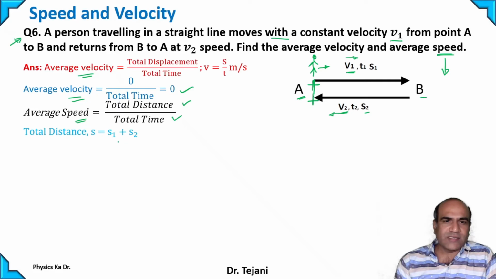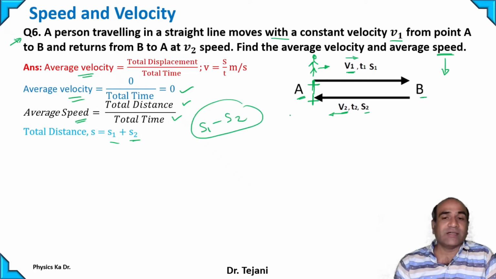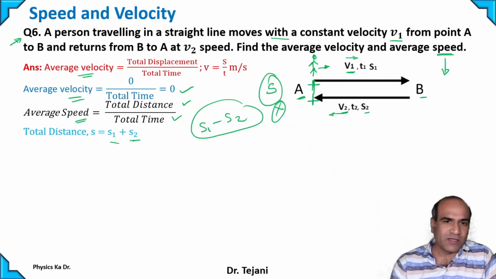We just need to remember these equations for the speed. So total distance is s1 plus s2. Remember that total distance is not s1 minus s2, because distance is a scalar quantity. It is not a vector quantity. So you just need to have the summation; s1 minus s2 is a wrong answer.